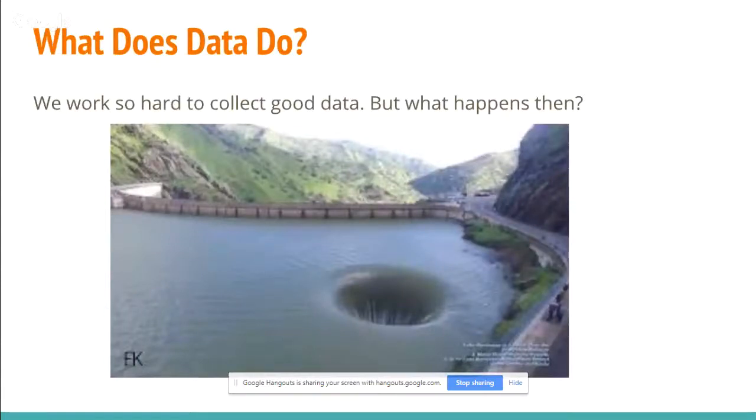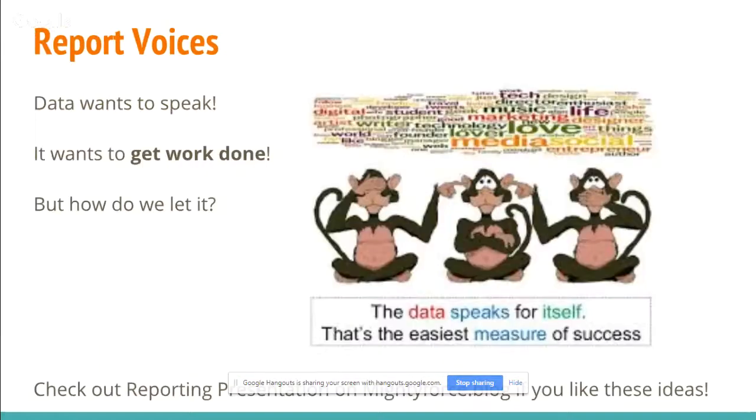We all collect data, and we work really hard to collect it, and we work really hard to make sure it's good and clean data. But what happens? Hopefully, it doesn't just go down a black hole and disappear. Hopefully, you're allowing your data to speak. It wants to. It wants to get work done. It wants to help you.